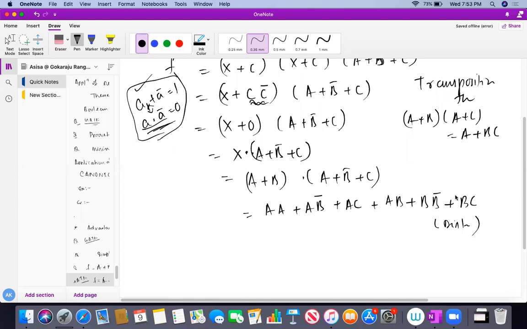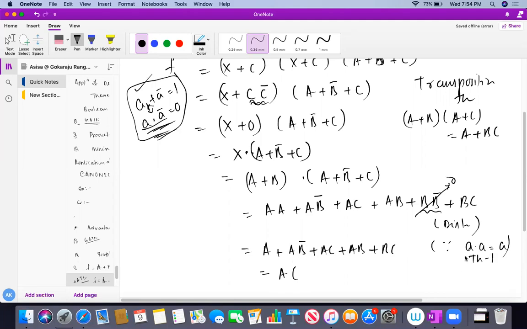Now you see, B and B bar is what? It's 0 by using the existence of complement. So A and A is A, which gives AB bar or AC or AB or BC. So I can take it like this. Here I have used A and A is A, from theorem number 1.